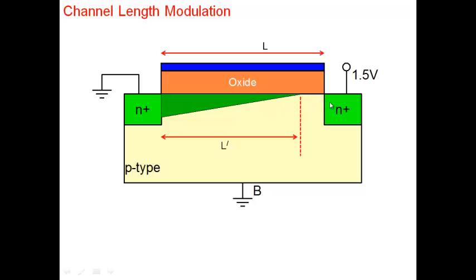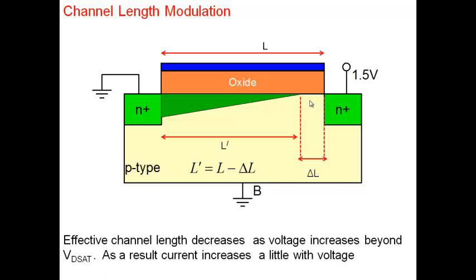So the effective channel length becomes smaller and smaller, the resistance of the channel becomes a little less, and the current begins to go up. But not by a lot, because this is an exaggeration. This high field point moves actually very little. It moves deeper and deeper, but because it's very high field here, almost the entire voltage gets dropped in a very, very narrow region.